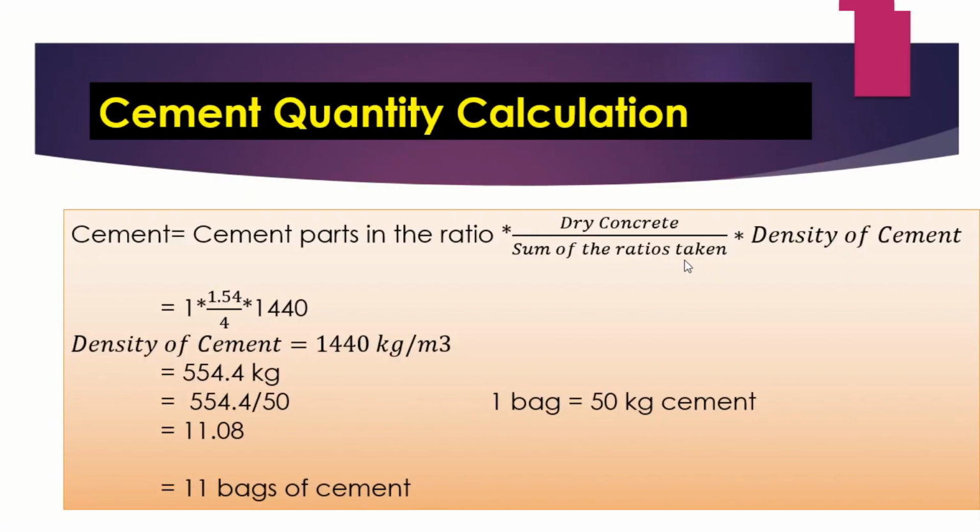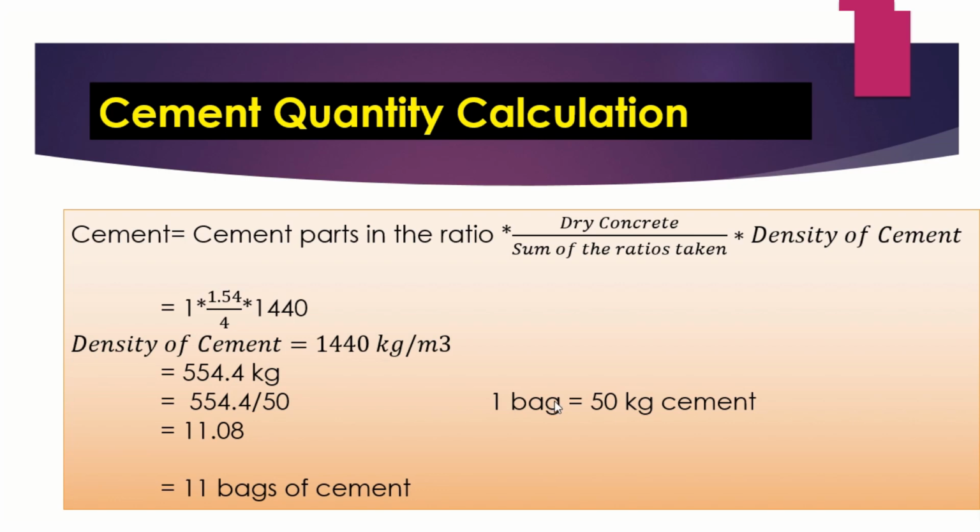Then sum of the ratio taken: 1:1:2 means 1 plus 1 plus 2 gives 4. Density of cement is 1440 kg per meter cube. After calculating this, we'll get 554.4 kg. So for 1 meter cube of concrete we need 554.4 kg of cement.